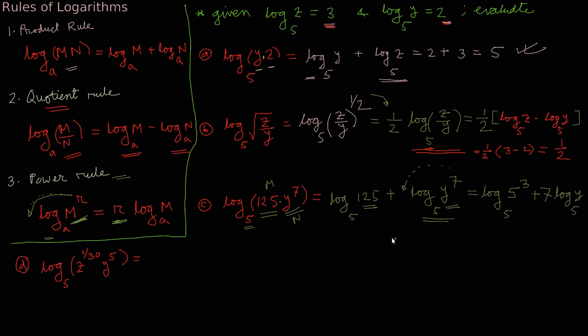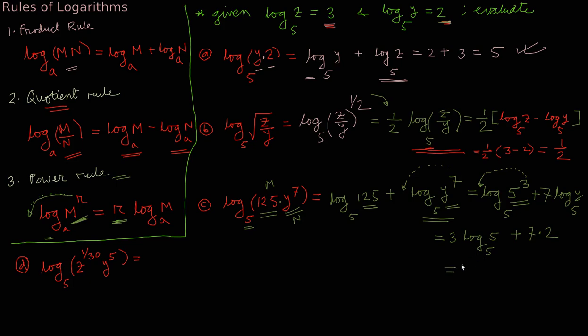Okay, so let's see what I get. Again, for this one I have 5 power 3, so power rule, so that 3 is going to come at the front of my logarithm. So what I have 3 logarithm of 5 base 5 plus 7 logarithm of y. Logarithm of y is equal to 2, so 7 multiplied by 2.